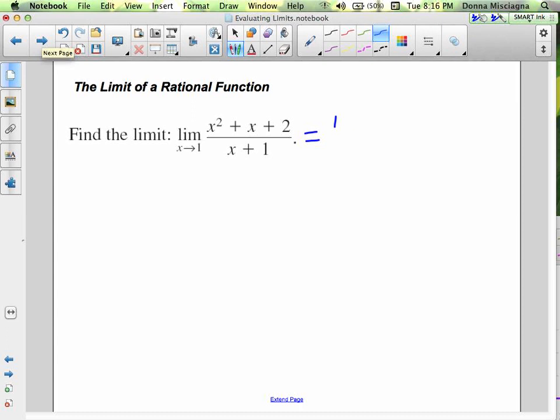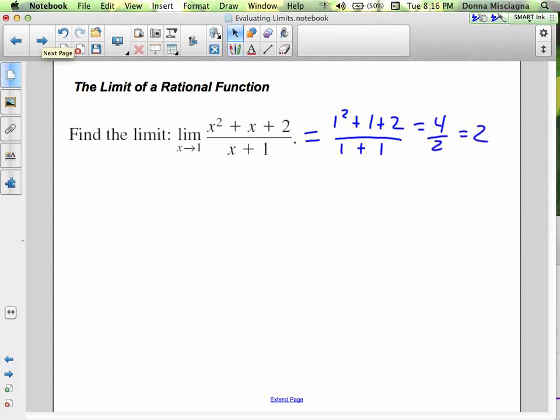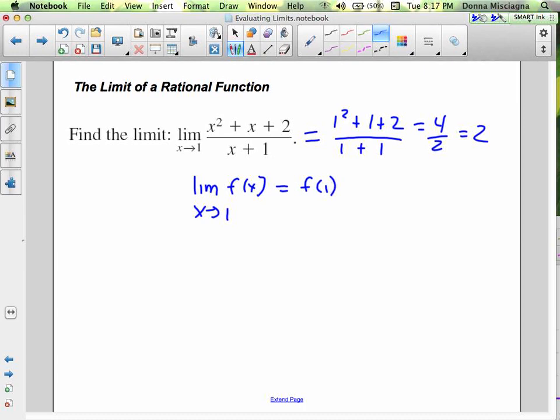So 1 squared plus 1 plus 2 divided by 1 plus 1. That gives us 4 in the numerator divided by 2, so that's 2. That's our limit, and it's also the value of our function. So the limit of f of x as x approaches 1 is equal to f of 1 because it's well behaved, it's continuous at that particular point.